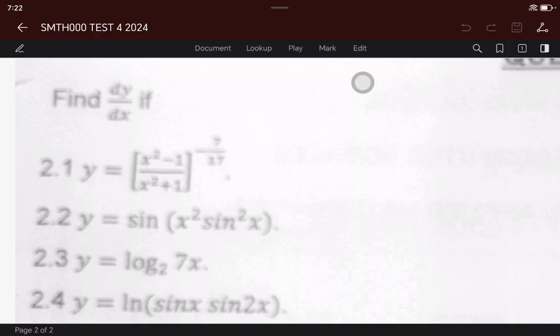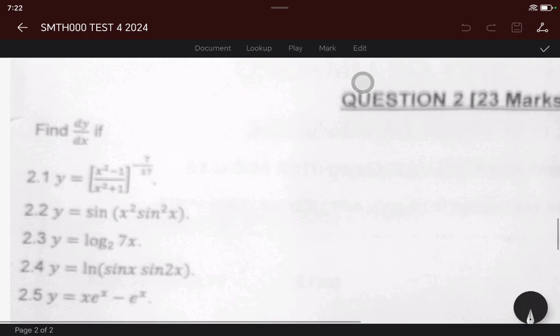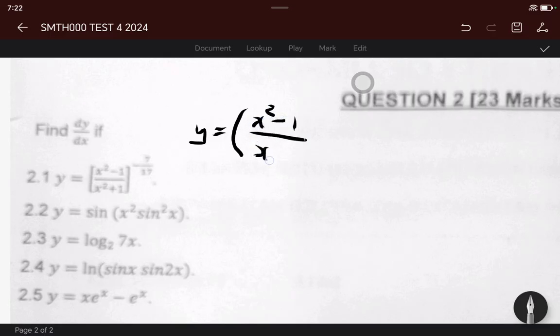2.1. 2.1 says we're given y is equal to (x squared minus 1 over x squared plus 1) to the minus 7 over 17. When we check this, we see that it's a bit complex. For us to derive this, we would use the chain rule, but we are trying to avoid that. It means that we would introduce ln on both sides.